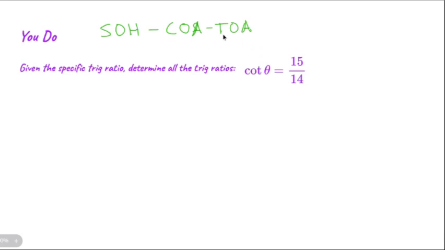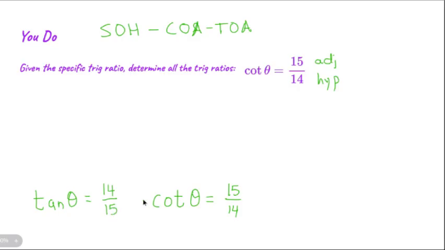So if we refresh, tangent is opposite over adjacent, that means this would be adjacent over hypotenuse. Now, when we write out our final answer, cotangent theta is 15 over 14. Again, before we even write out our triangle, we can figure out the reciprocal of that one as well. You just have to remember which one it is. In this case, it's tangent.